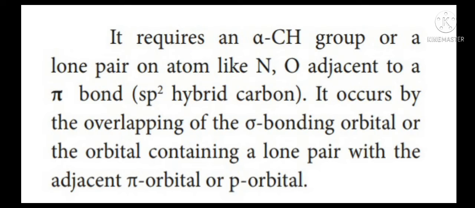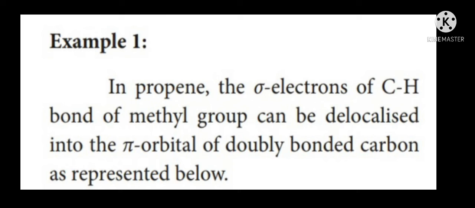Nitrogen contains one lone pair of electrons, whereas oxygen contains two lone pairs. Hence, hyperconjugation occurs by overlapping of the sigma bonding orbital or orbital containing a lone pair with the adjacent pi orbital. It is explained by taking three examples.